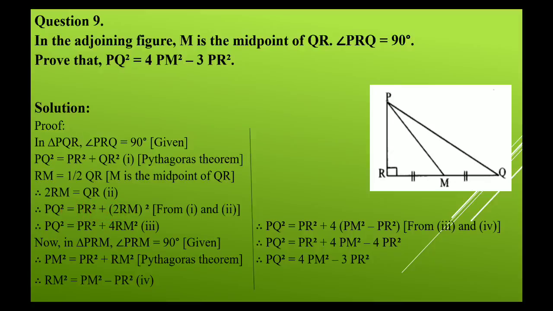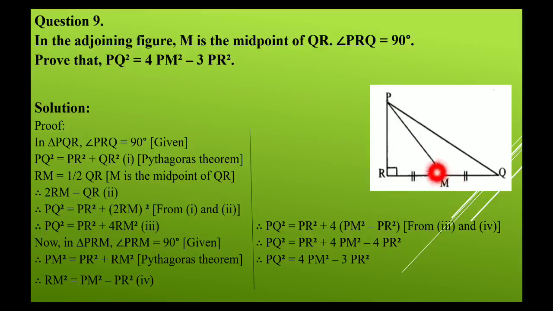So now let us take triangle PRM. Here R is 90 degree, so I am going to apply the Pythagoras theorem.